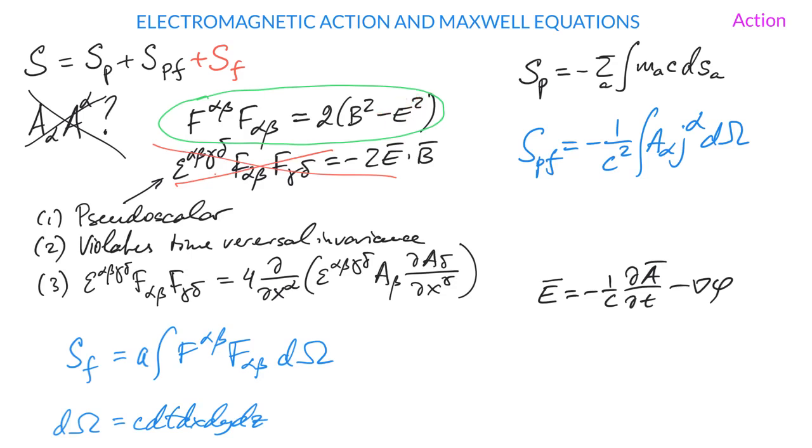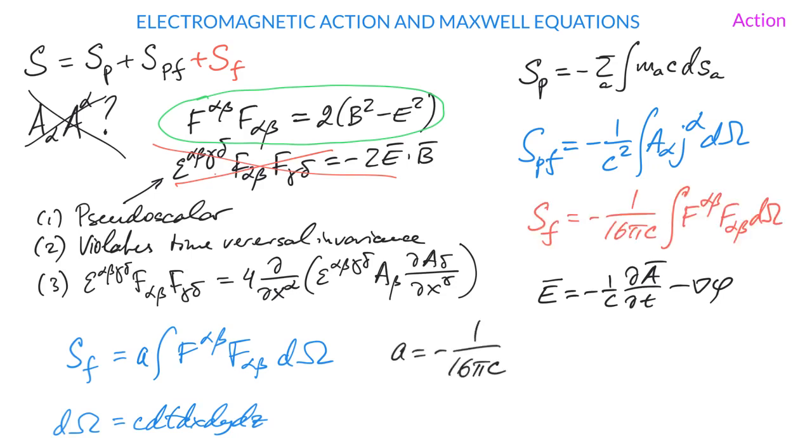In order for the action to have a chance of having a minimum, we have to make a negative so that we can use the least action principle. So that means a has to be negative. In the Gaussian units, a is equal to negative 1 over 16 pi c.